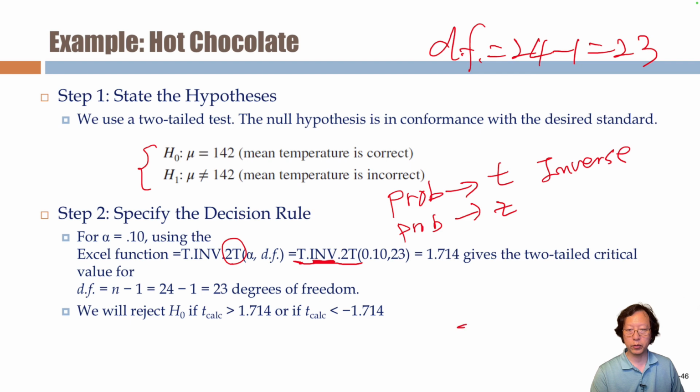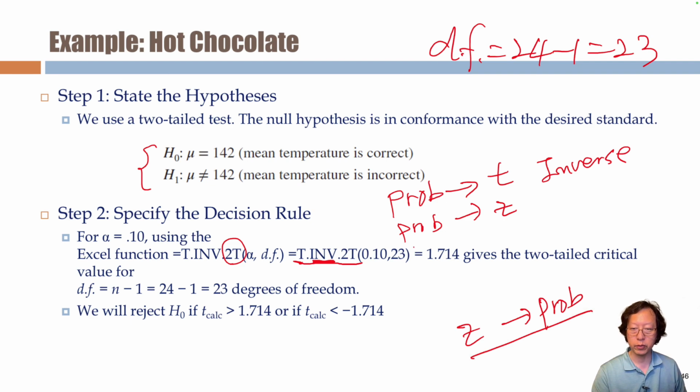Because with the z table, usually z is given and then you get a probability, right? That is the normal case, but this is the inverse. Same with the z: probability to z, the inverse. Here the 10% is the probability. And since it's two-tail, we don't divide it. That's just 10%, and the degree of freedom is 23.